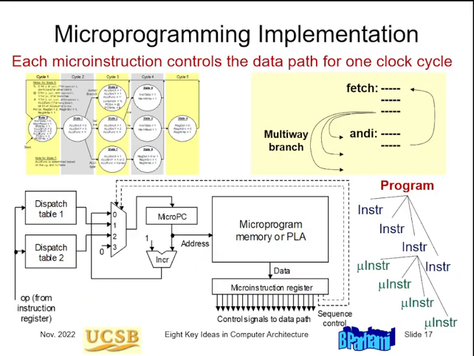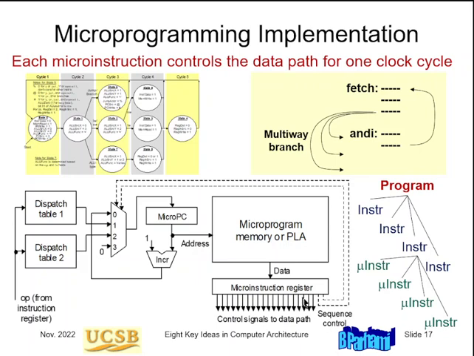So the way microprogramming is implemented is that the micro instructions are stored in a microprogram memory. So when we want to execute a particular instruction, we go to the beginning of the micro instructions for that particular instruction and start executing. So we fetch one micro instruction.